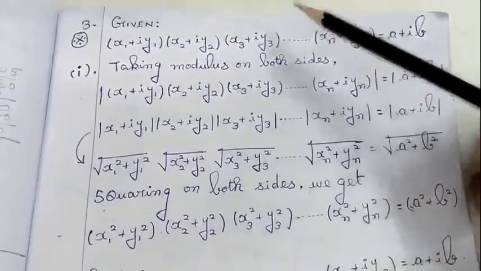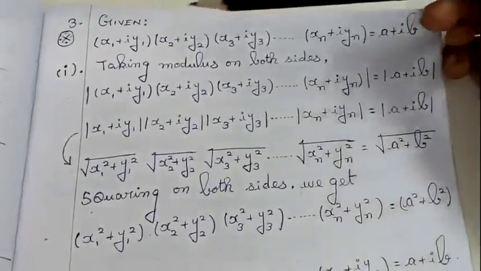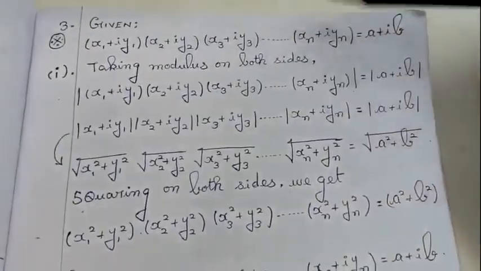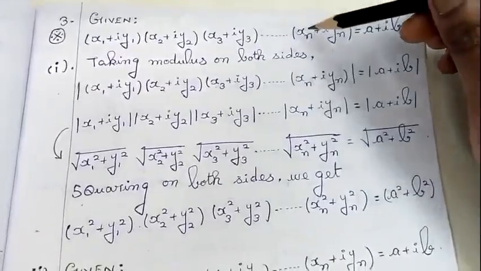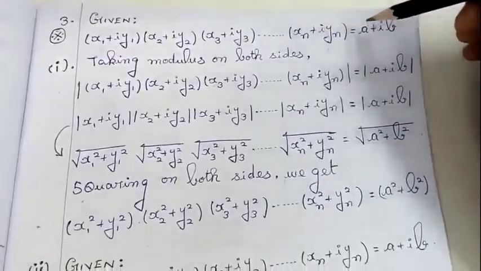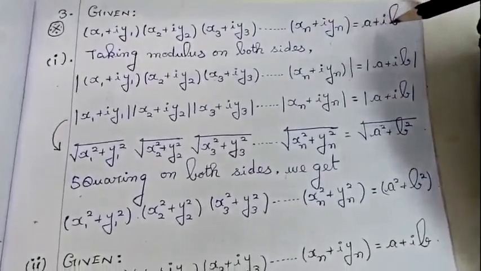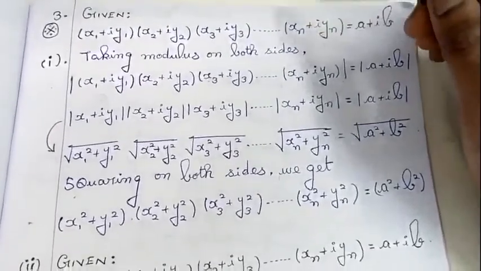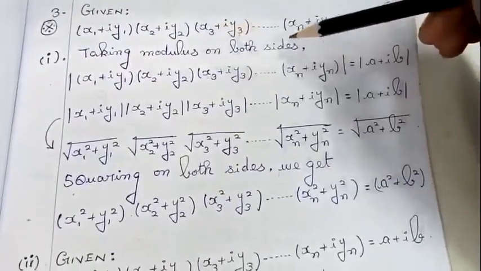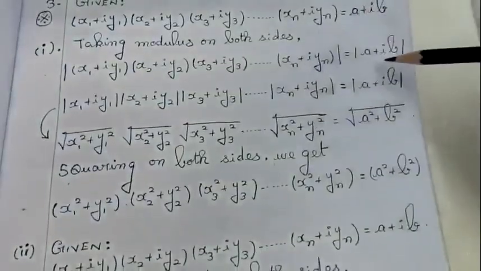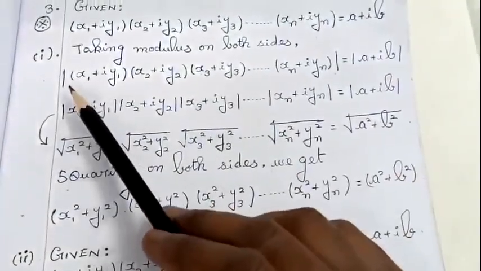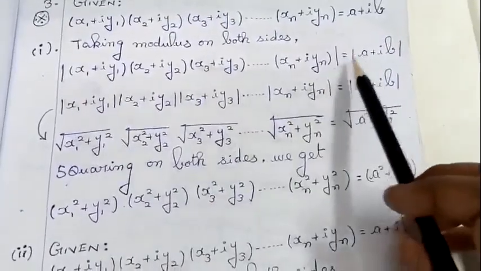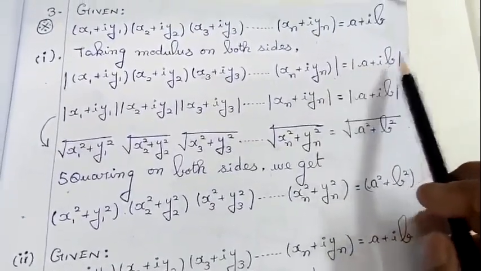Exercise 2.7, third sum. They have given you the product of complex numbers, that is x1 plus iy1 and so on till xn plus iyn equals a plus ib. For the first question, I am going to take modulus on both sides, that is, on the left hand side and the right hand side. For the left hand side, I am taking only one modulus, that is the whole modulus, equal to modulus of a plus ib.